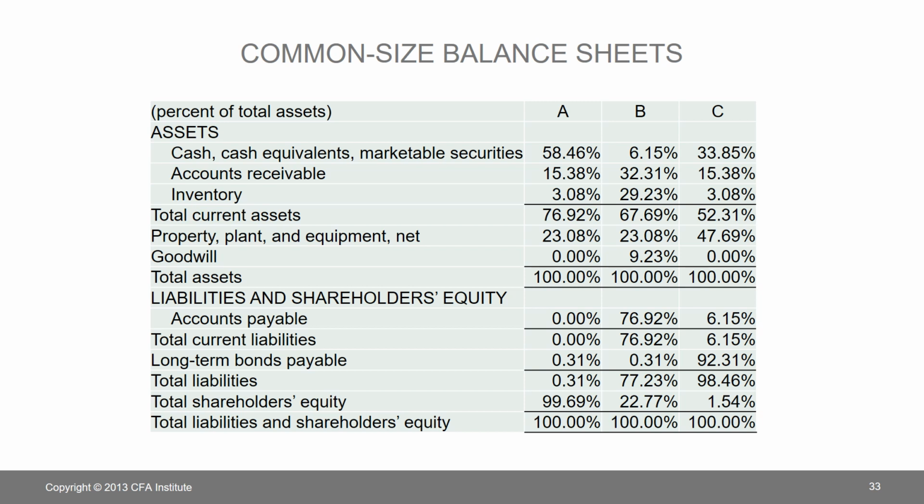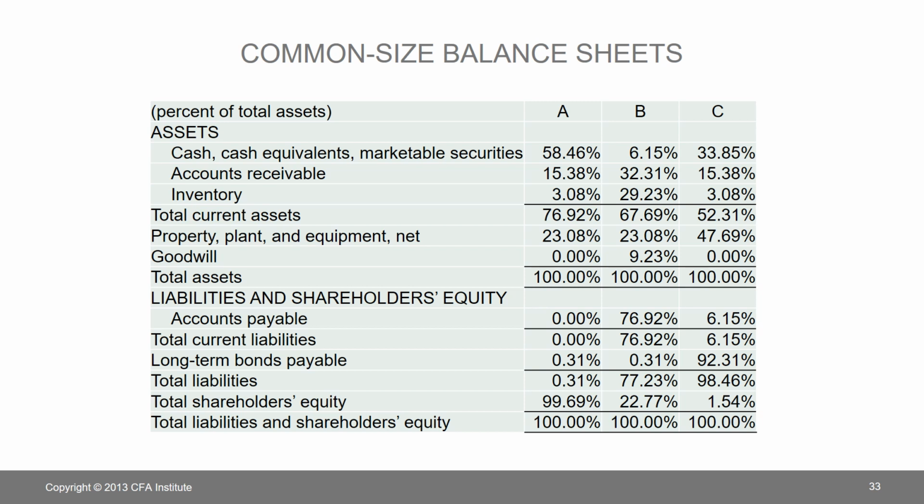How will company B pay its near-term obligations? Company B will need to collect some of its accounts receivable, sell more inventory, borrow from a bank, and/or raise more long-term capital by issuing bonds or more equity. Okay, so from that we can clearly see that company A is more liquid than company B.